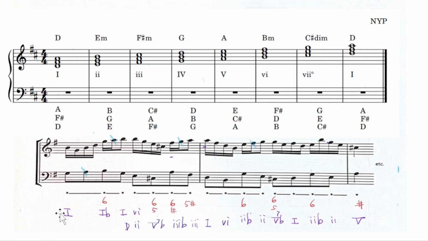So if we double check the Roman numerals has no problem, then we can transfer the Roman numerals into figures. So as we have Ib here, we use the figure 6. And this chord, since we want to make it a little bit more decoration, we can add a 7, so make it a 6, 5.